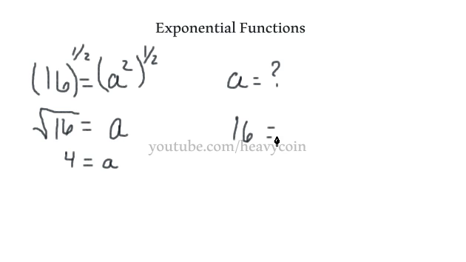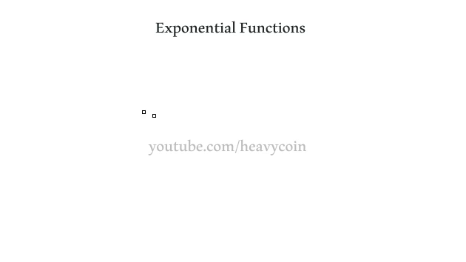So remember, it was 16 equals a raised to the second power, and 4 squared is 16. What if I had 9 is equal to 3 raised to the x? What is x going to have to be?